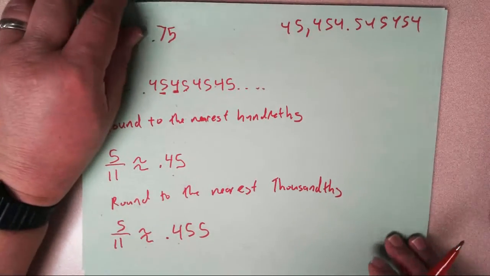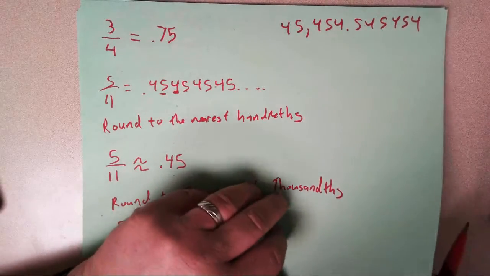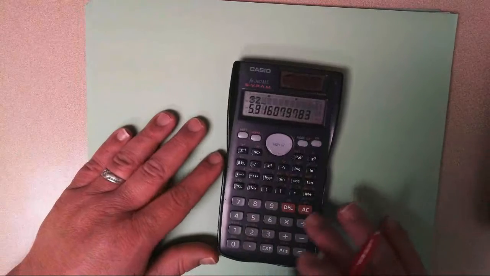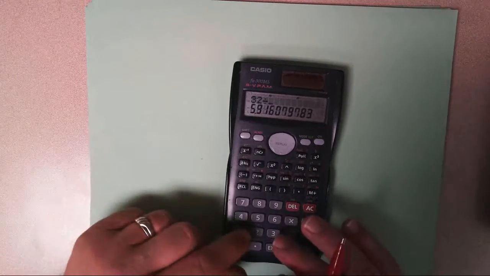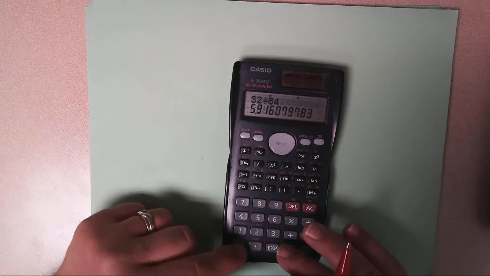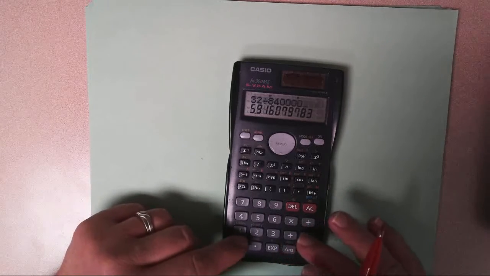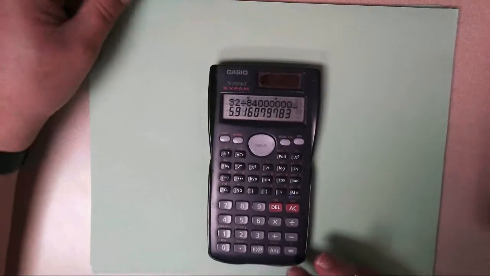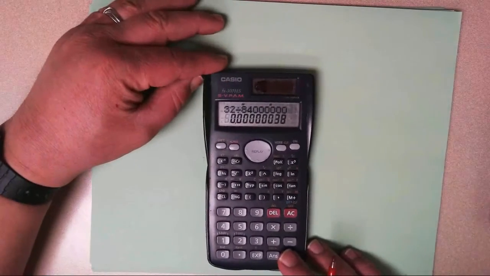Okay? So another thing is scientific notation. So let me give you an example. When you do some calculation, so let's say I do 32 divided by, and we'll say 84 million, okay? And so in other words, 32 divided by 84 million is going to be a very small number.